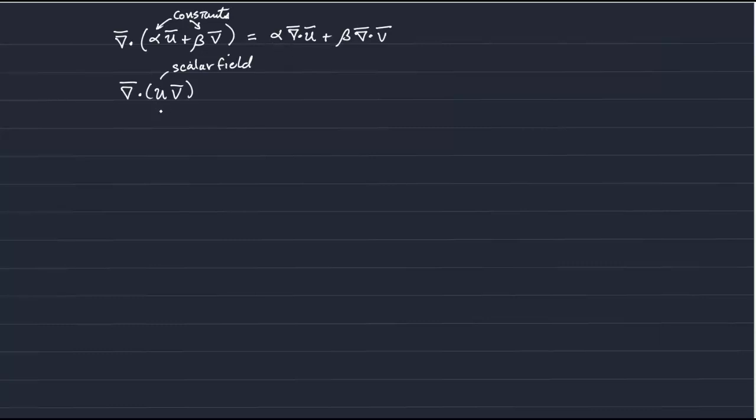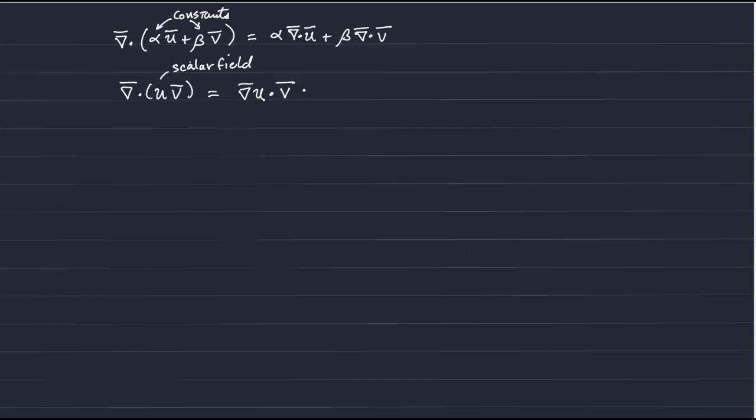But when u varies in space, then the divergence of u times v is equal to the gradient of u. We have to apply this del operation on u, and it's the grad u. The application of this del operation on u becomes grad u, and then this becomes a dot product of grad u and v.